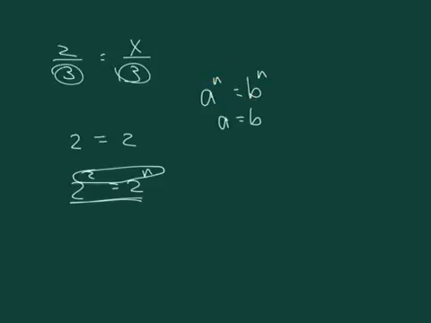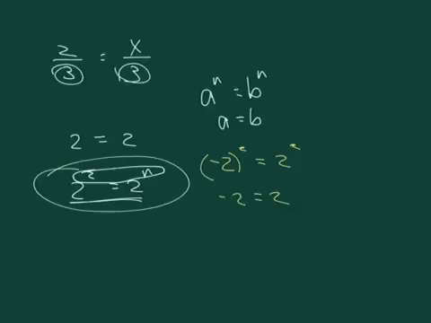So for instance, if I have 2 squared equals 2 squared, okay, my exponents are the same, but that does not mean that my bases are the same, okay. It only works if your bases are the same, like I did right here. Bases are the same, then the exponents have to be the same, but it doesn't work the other way around.